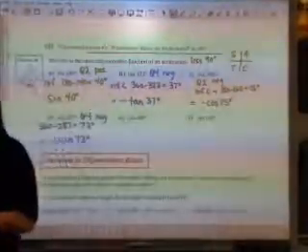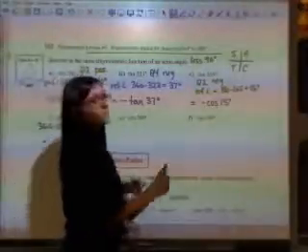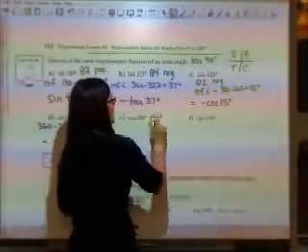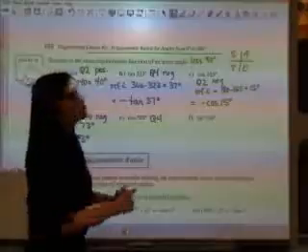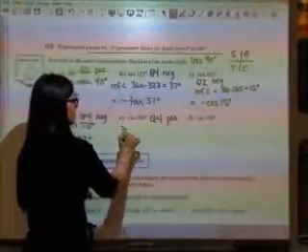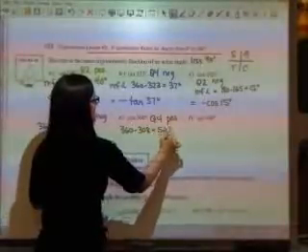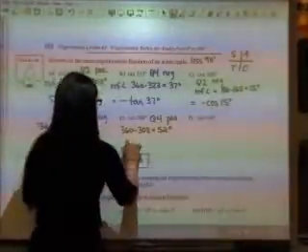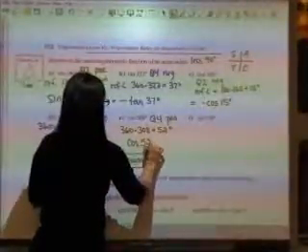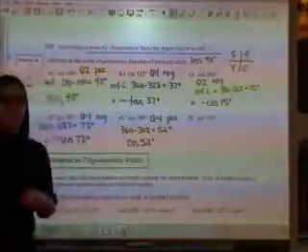308 degrees puts me in quadrant 4. And what is cos in quadrant 4? Positive. What's my reference angle? 52. So 360 minus 308. So cos 308 equals cos 52. And finally tan 199 degrees.